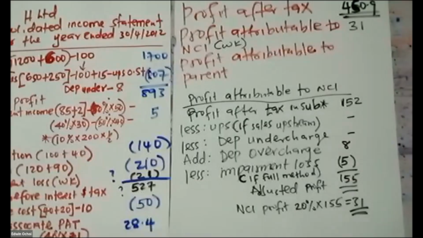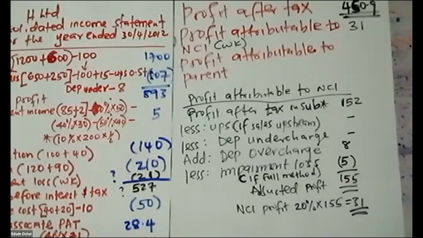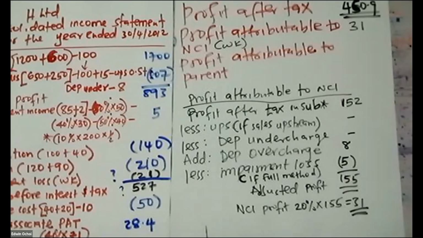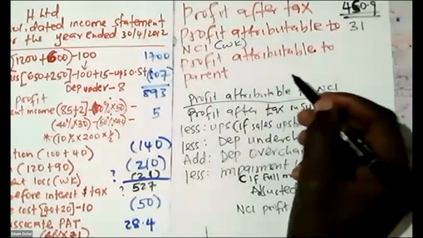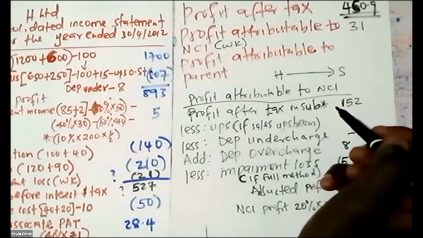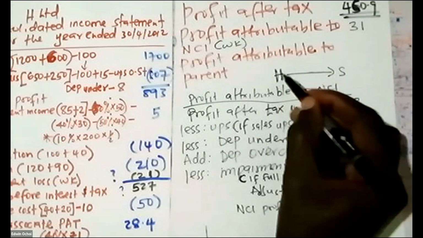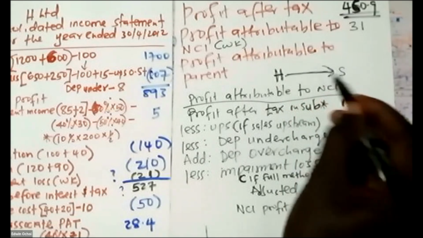What do you mean by sales upstream? Sales upstream, I mean, if the subsidiary is the one which was selling goods to the parent. Remember that when I say upstream, H was controlling S. H is the one which acquired S and other companies.